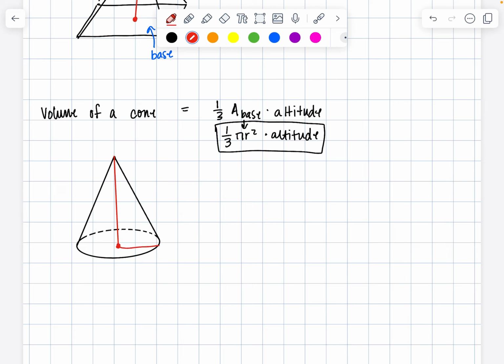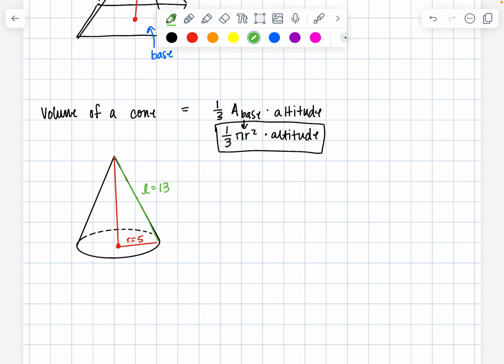Let's do a radius that is equal to, let's say 5. And then let's go with a slant height. The slant height here would be equal to 13.